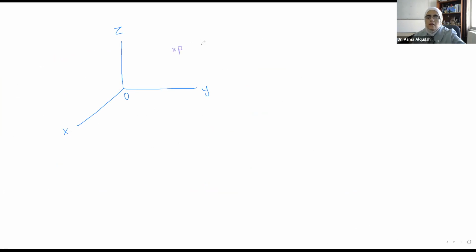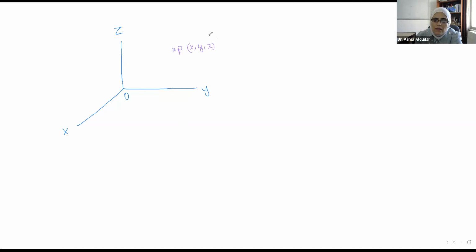P has the coordinates X, Y, and Z, because it is located somewhere in the space with component X in the X direction, component Y in the Y direction, and component Z in the Z direction. This is only a point, it's not a vector.